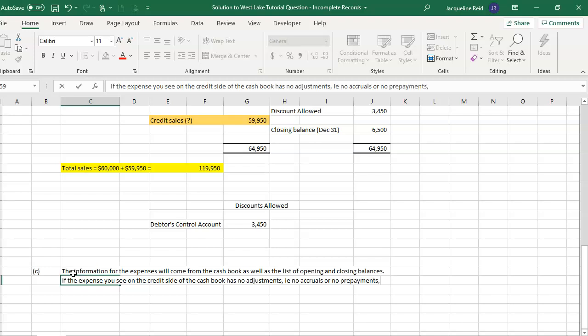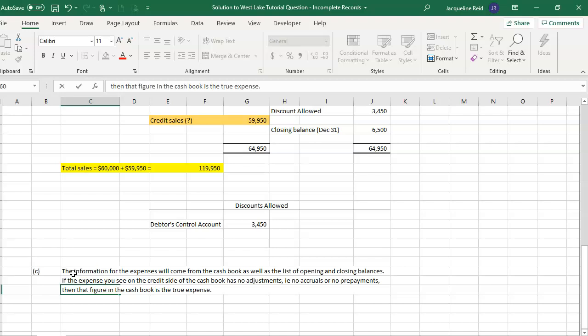So if you look in the cash book and the expense you see, which is on the credit side of the cash book, has no adjustments, then that figure in the cash book is the true expense. Okay? So that figure can go straight into your trial balance, straight into your statement of profit or loss to compute profits.